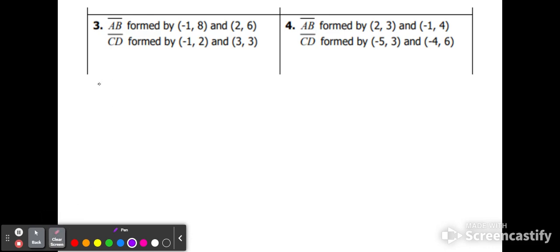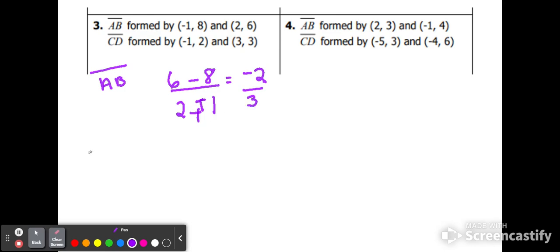All right, so for AB, we have 6 subtract 8 over 2 subtract negative 1. We're going to get negative 2 over 3. For CD, we're going to have 3 subtract 2 over 3 subtract negative 1.